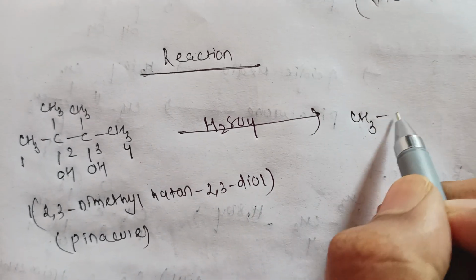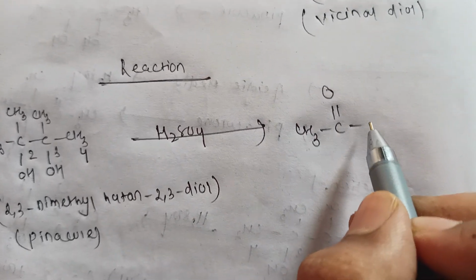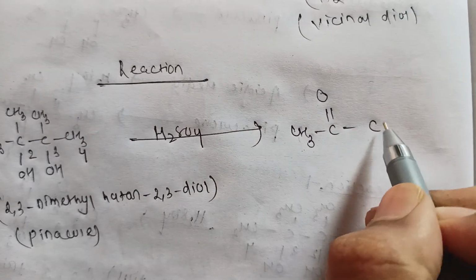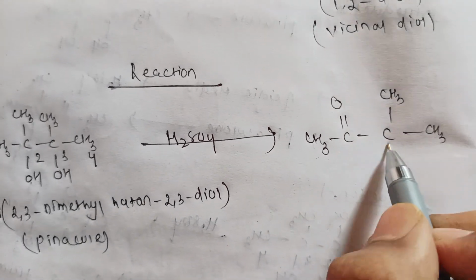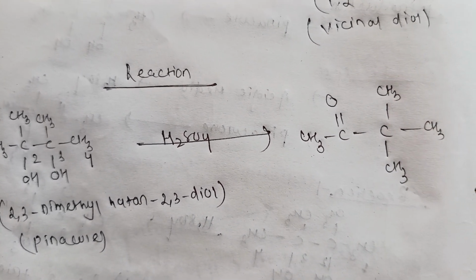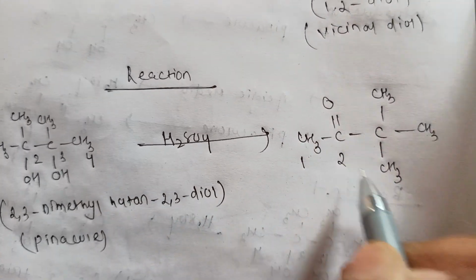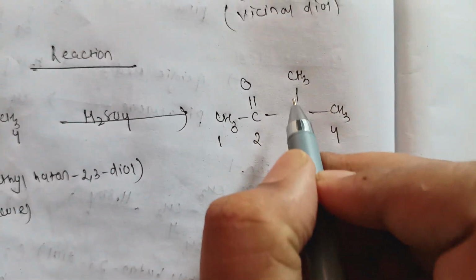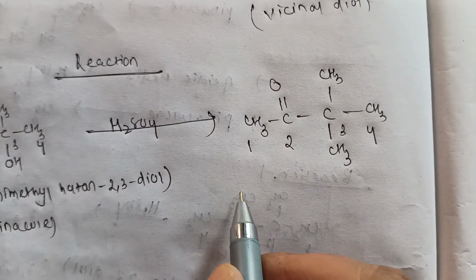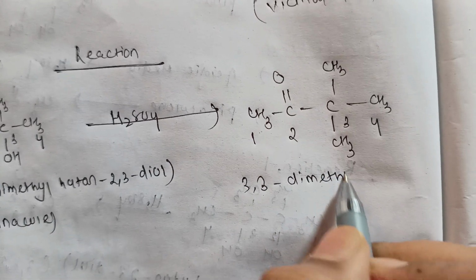This forms pinacolone as a product, which is a ketone. The ONE, that is ketone. CH3, CH3, CH3. This is called pinacolone. If I give the IUPAC name, 1, 2, 3, 4, at the third position 2 CH3 groups are attached, so it is called 3,3-dimethyl butan-2-one, butanone, so a ketone is formed.